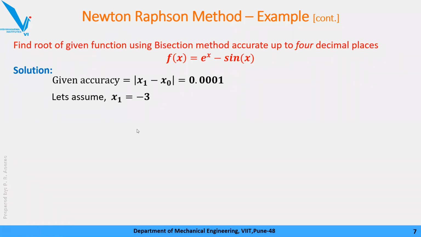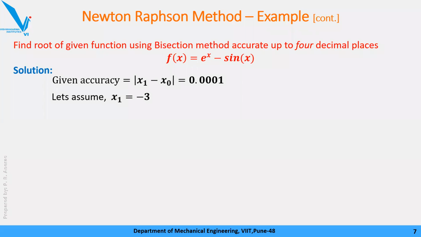so let's check. Now for checking it, if you remember, the formula was: g dash of x in mod should be less than 1, and g dash of x is nothing but f of x1 into f double dash of x1 divided by f dash of x1 whole square. So that means I need f of x, then f dash of x, f double dash of x.